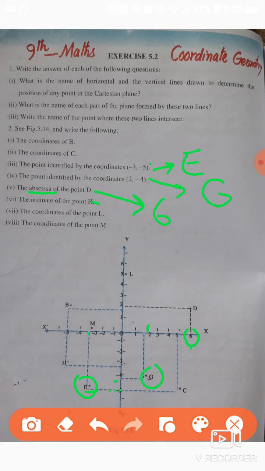Similarly, ordinate means y coordinate of H. H is here and its y coordinate is this -3. So the ordinate is -3.